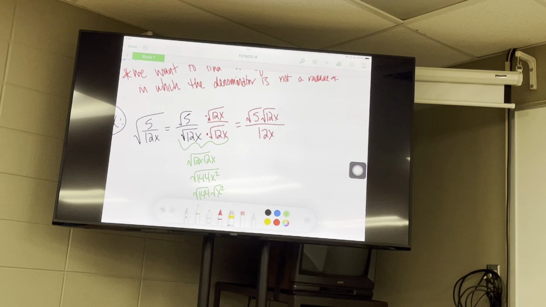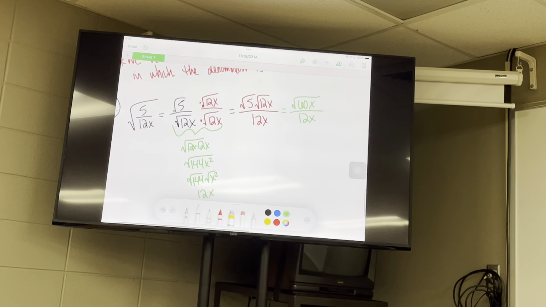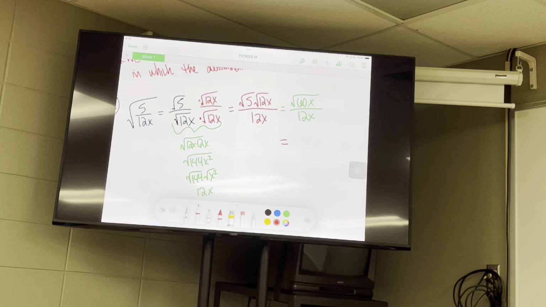Okay, so since I'm multiplying on top here, I can just go a little bit further. The square root of 5 times 12, what is that? 60. So we have the square root of 60x. And then I ask myself, what is the largest perfect square that goes into 60? How do you find that out?